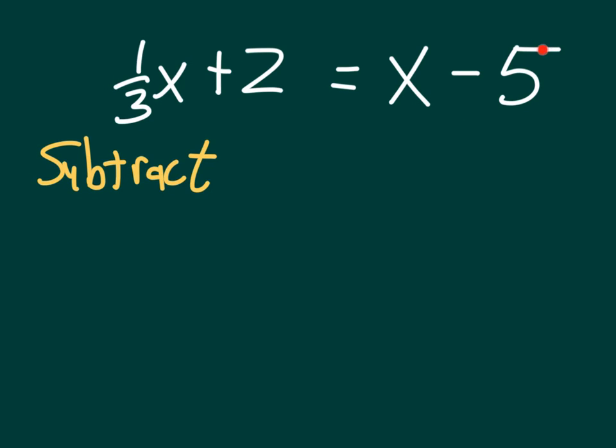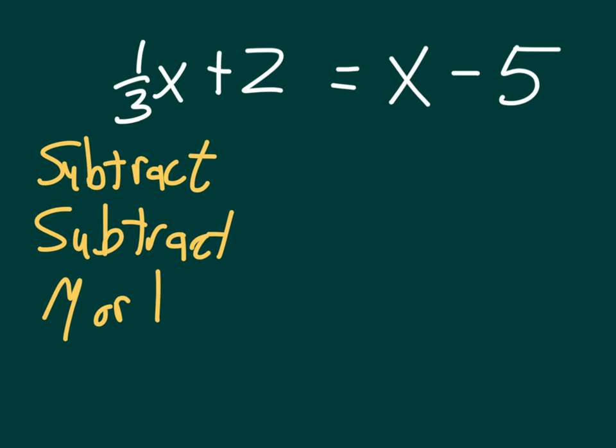I have these numbers left, and the 2 goes to the other side, so I'm going to do some more subtracting. Then I'll have on the left-hand side only x's, and on the right-hand side only numbers. Then I'm going to need to multiply or divide, depending on how you view things, because if I multiply by a half, that's the same as dividing by 2. Or if I divide by 3, that's the same as multiplying by 1/3. So you either have to multiply or divide to get to the end.